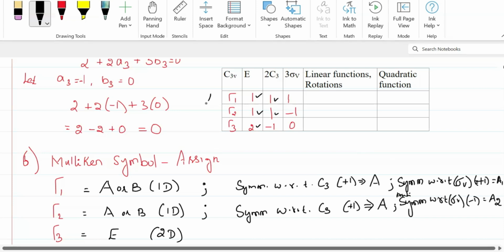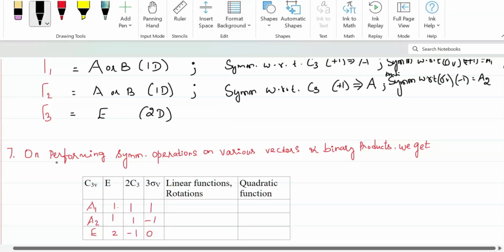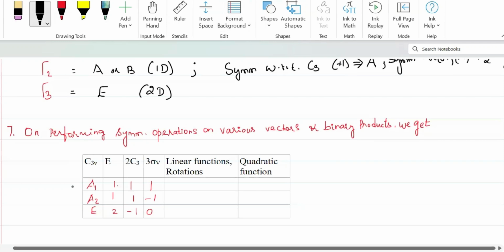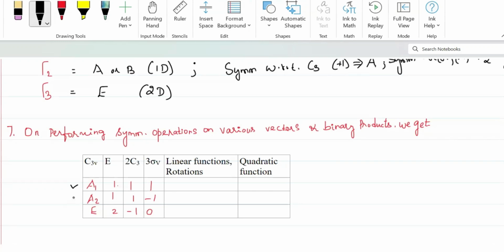So here it comes A1, A2, and then E. So finally we have evaluated the character table for the C3v point group. The Mulliken symbols have been assigned: A1, A2, and then E, by fixing the characters of the irreducible representations.